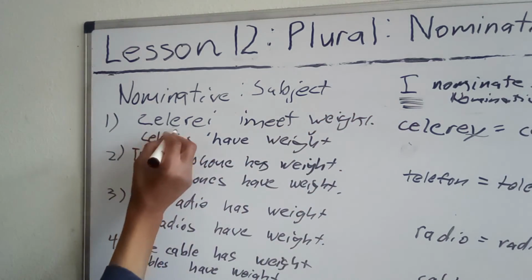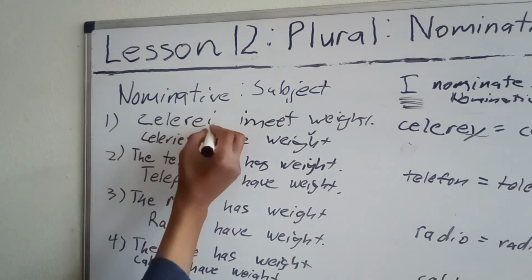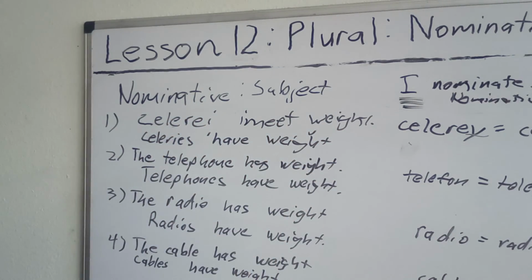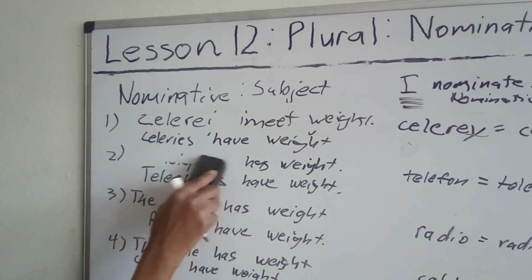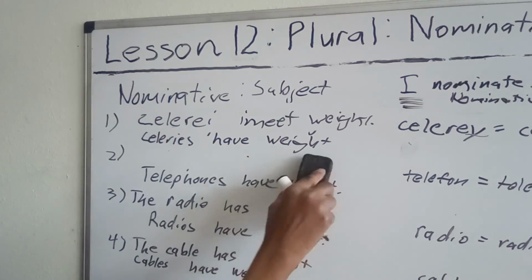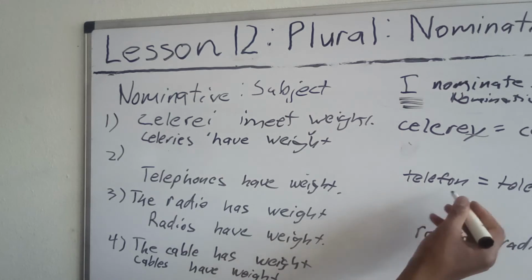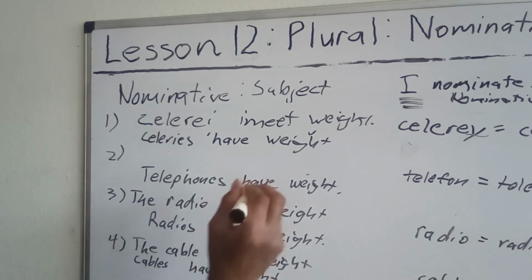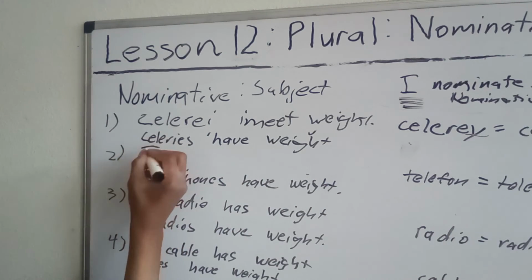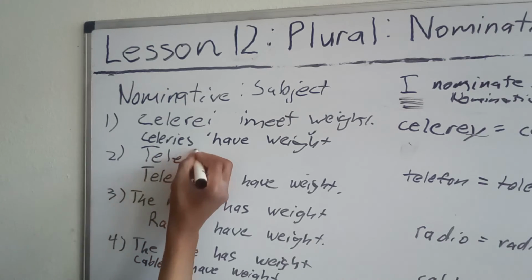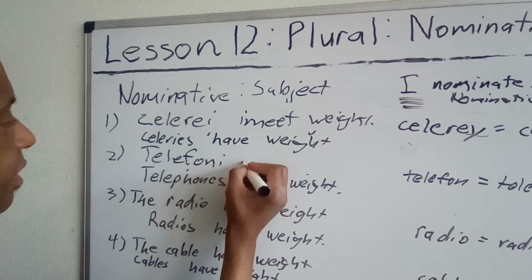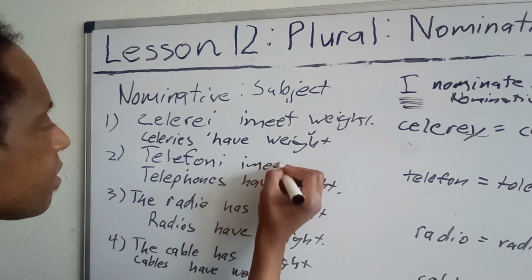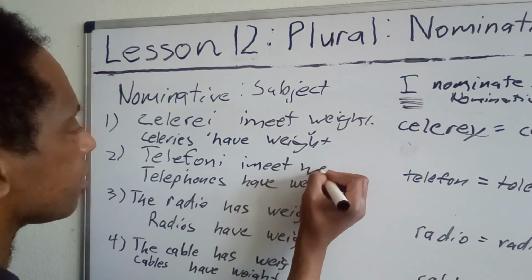Okay, celeries have weight. Next, telephones have weight. Telephone ends in a consonant, so you add E. Telephonye have weight.